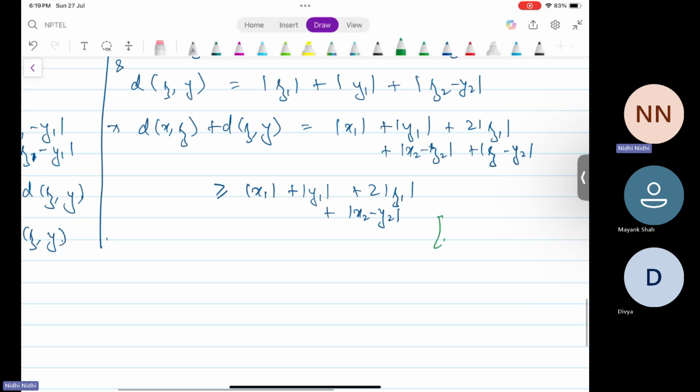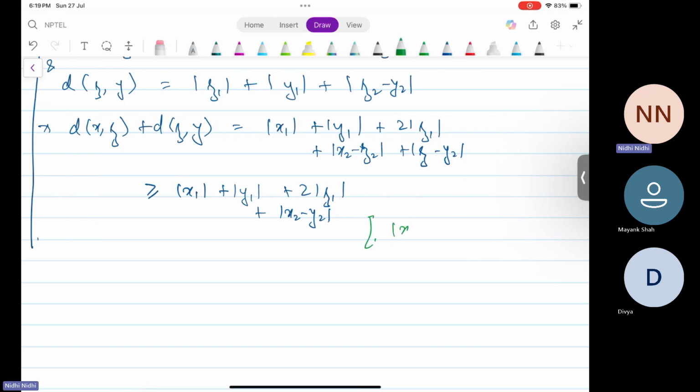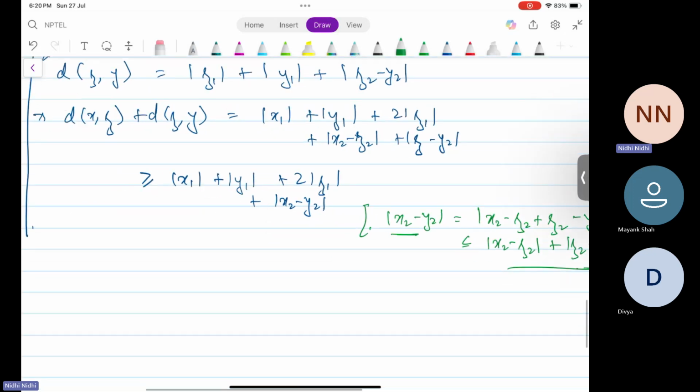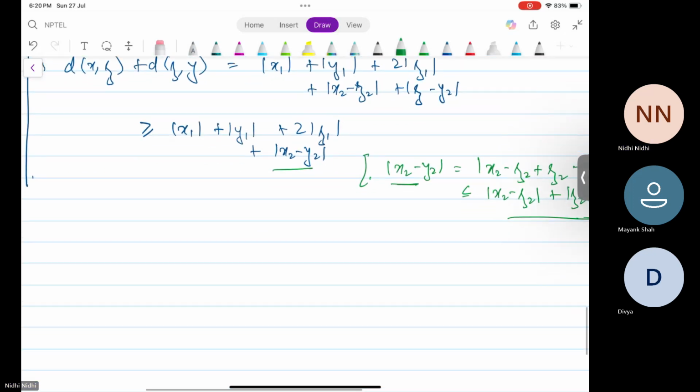Because again, the way we do mod x2 minus y2 is we introduce plus minus z2 in between, and then by the triangle inequality we have something like this, mod x2 minus z2 plus mod z2 minus y2. So this term is greater than or equal to mod x2 minus y2. That's what I've used here.